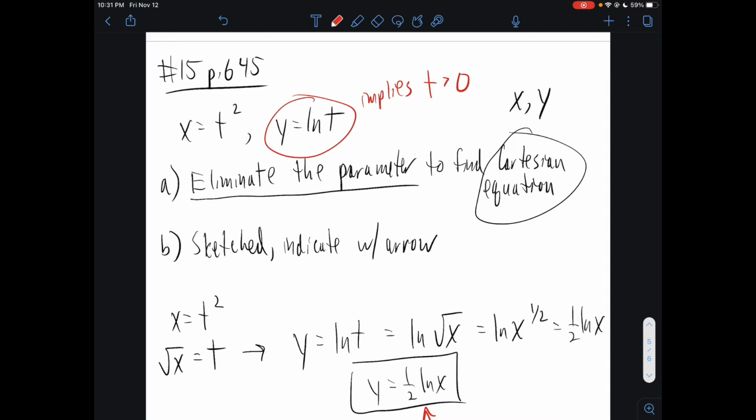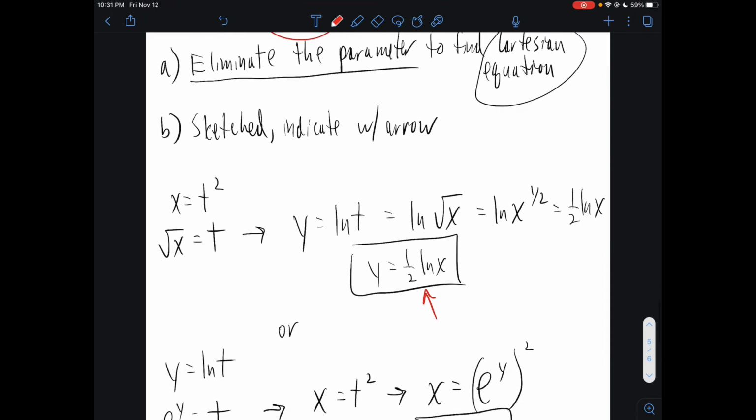So as far as sketching what this looks like, the curve that we got here, y equal 1/2 natural log of x, pretty much already tells us what we're going to be graphing. And we can think that as t is increasing from something really close to 0 and then getting larger, that then influences x.